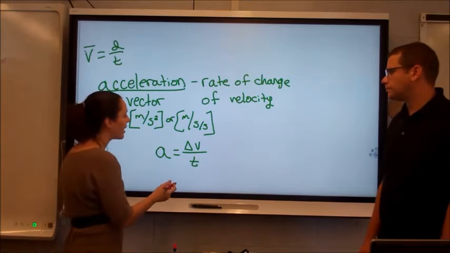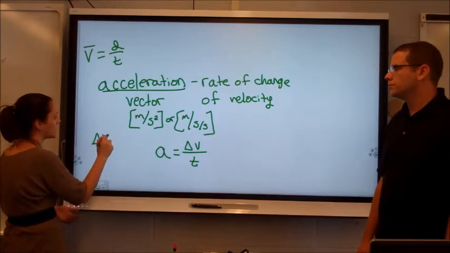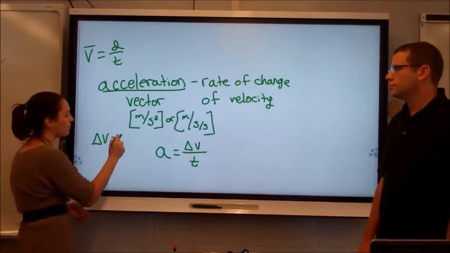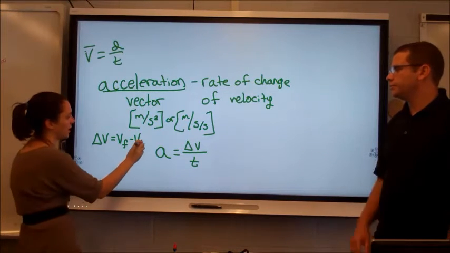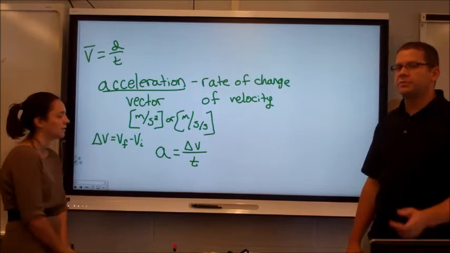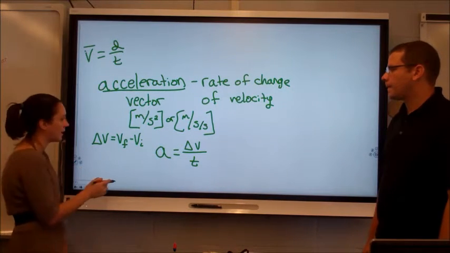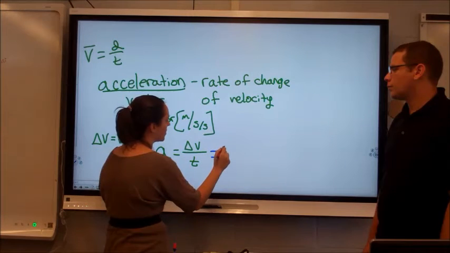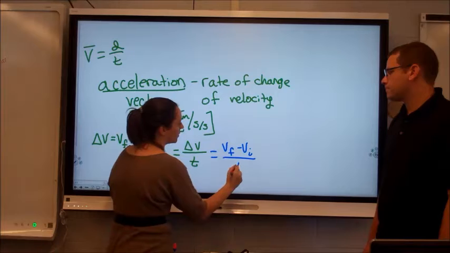When we're talking about a change in something, so a change in velocity, what we're really doing is our final value minus our initial value. So your final velocity minus your initial velocity, which we can replace in here. So I can say that that equals v final minus v initial over time.